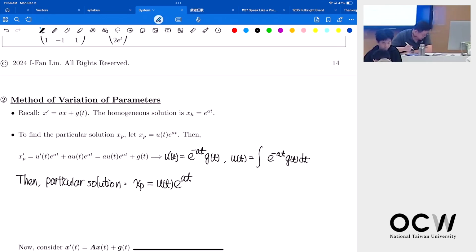That becomes e to the at times the integration.